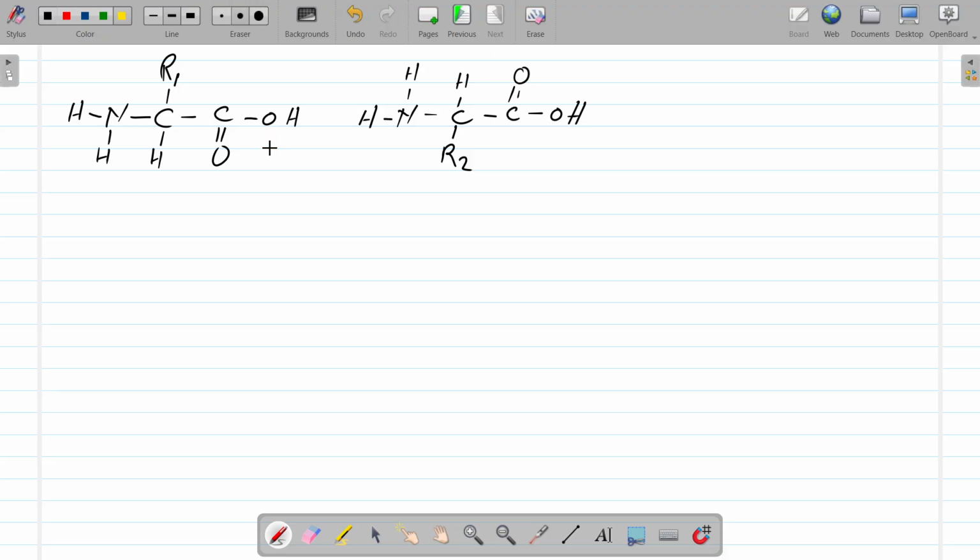And the way they're reacting, so again you've got two of these molecules coming together, it will be a condensation reaction, and these are the atoms involved. So you're losing water. It's a condensation reaction. And what you're ending up with is the peptide bond.